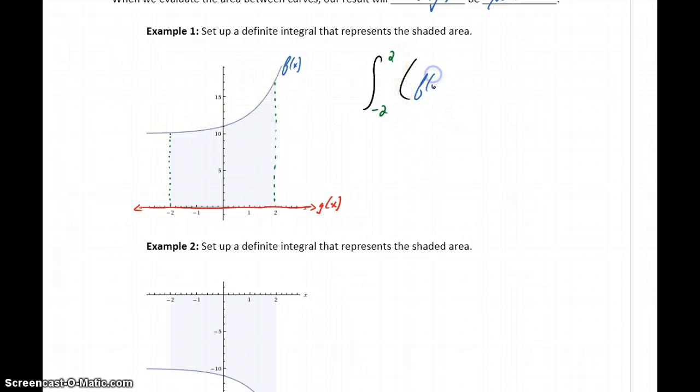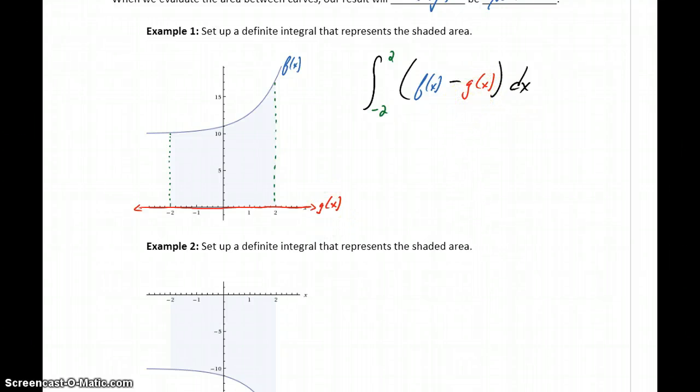So we would integrate f of x minus the function that's taking on the smaller function values, which in this case is g of x, dx. So to find the area between our two curves, we look at the function that's taking on the larger function values, and then subtract away from that the function taking on the smaller function values.